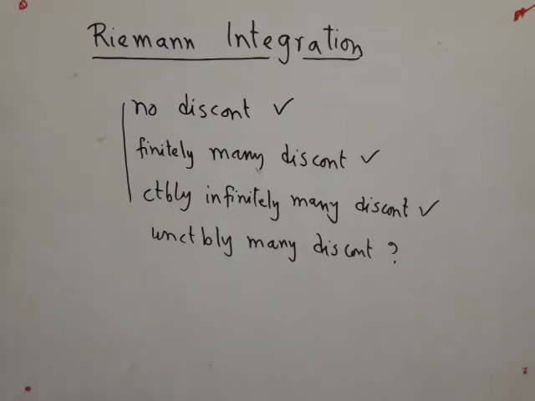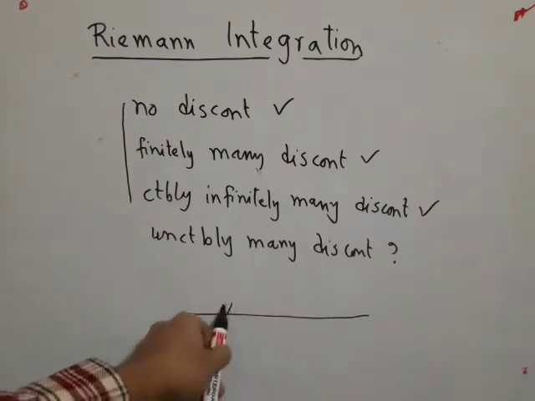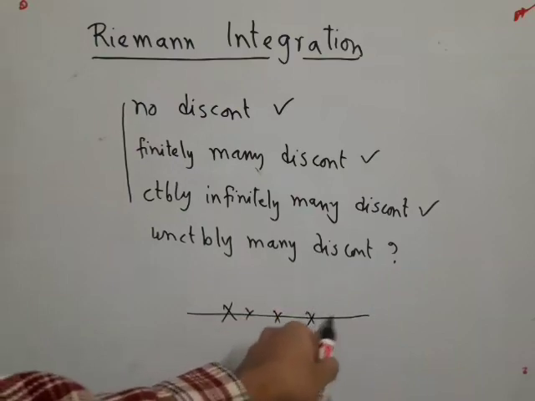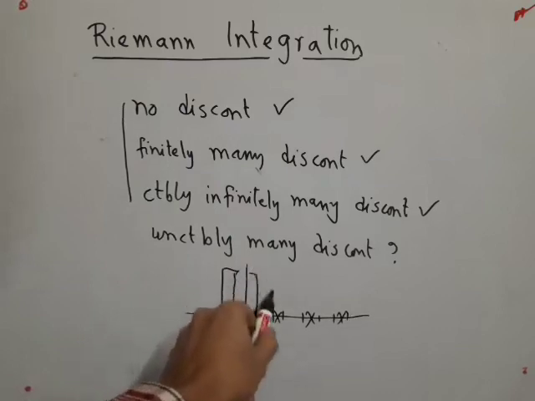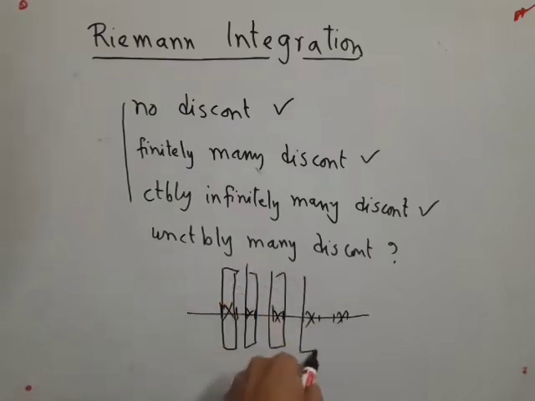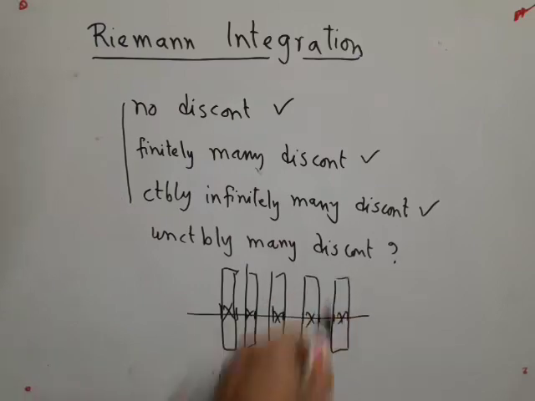His natural aim was this: suppose I have some discontinuities here. He was following Riemann's idea that you put them inside little rectangles, so little intervals, such that the total length of the intervals is very small, because on each one of them he plans to put a sliver. So each one he will cover in a little sliver of a rectangle.